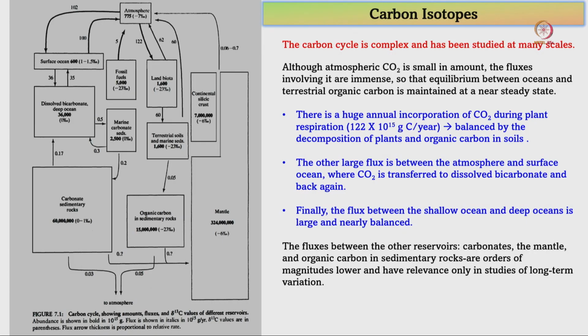That means, from the shallow ocean whatever is sinking, it gets precipitated out, and similarly if there is anything returning back, that means if there is any organic matter decay, then from the deep ocean those gases get released back into the surface ocean. So, there is a continuous and nearly balanced flux between the shallow ocean and the deep ocean.